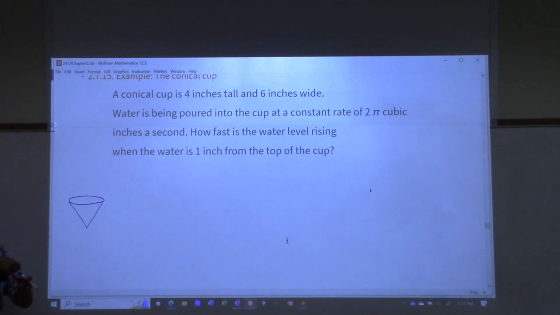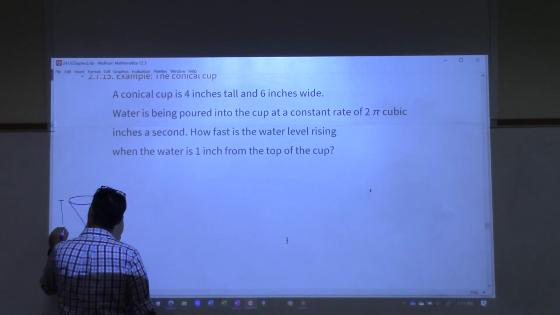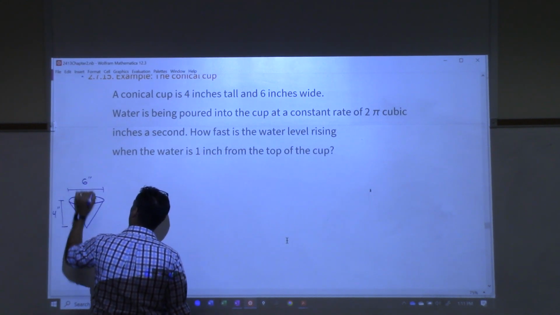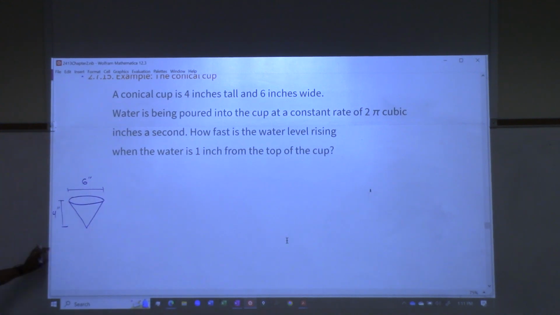Anyone ever play sports? So you've got this little conical cup like this, and we are told that it is 4 inches tall, and it's 6 inches wide at the top, and it comes down to a point.